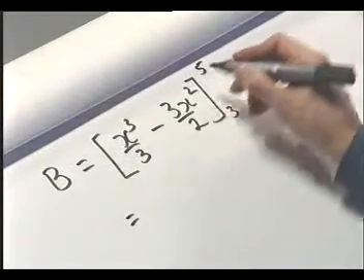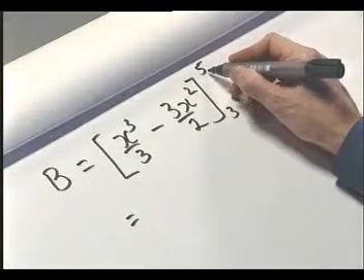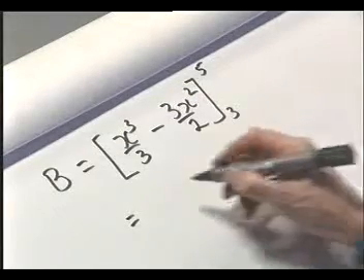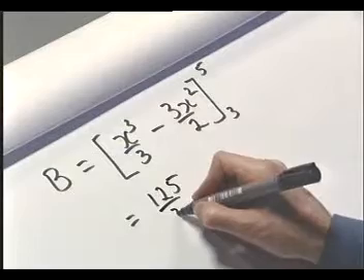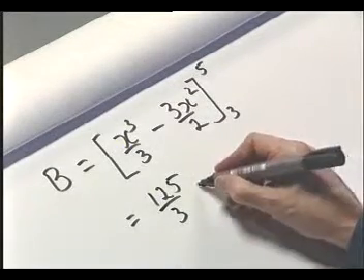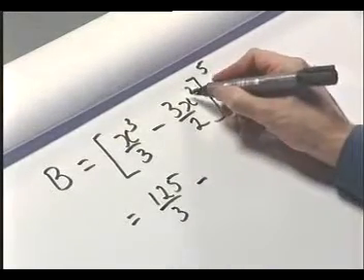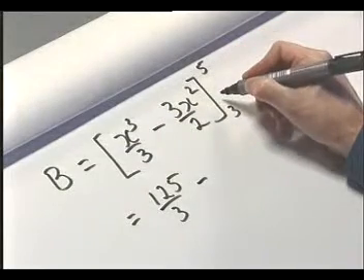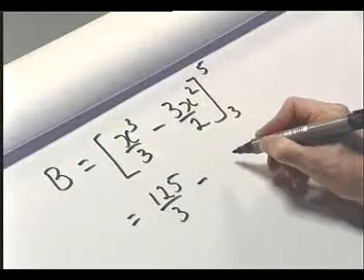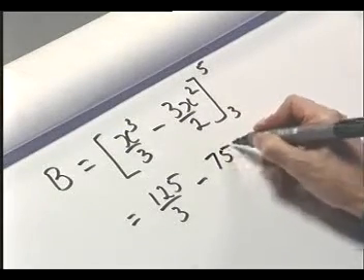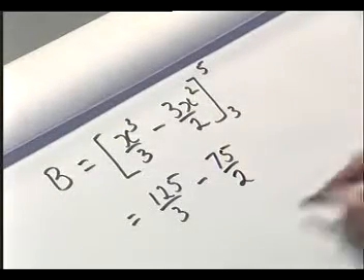So we put in our upper limit first. X cubed, when x is equal to 5, is 5 multiplied by itself 3 times, and that's 125 over 3. Minus x squared, when x is 5, that's 5 times 5 is 25, 25 times 3 is 75 over 2.